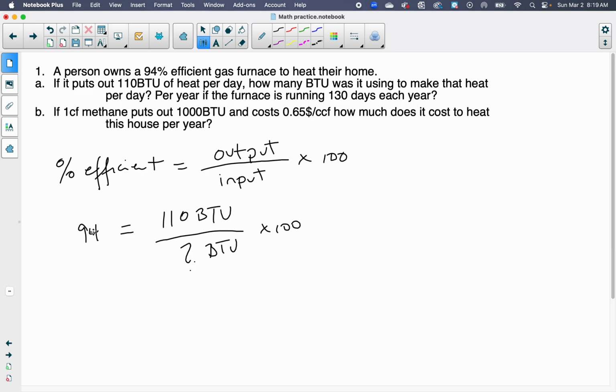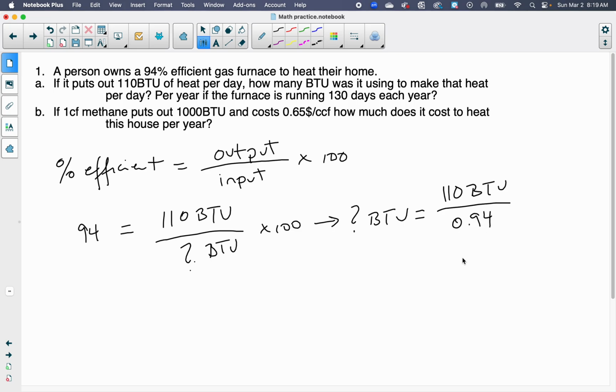So if we reorganize all of this to put our how many BTUs over on the side, then that will let us reorganize everything so that it is 110 BTUs divided by 0.94.